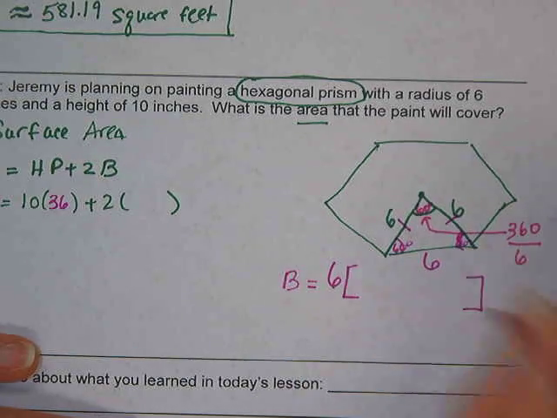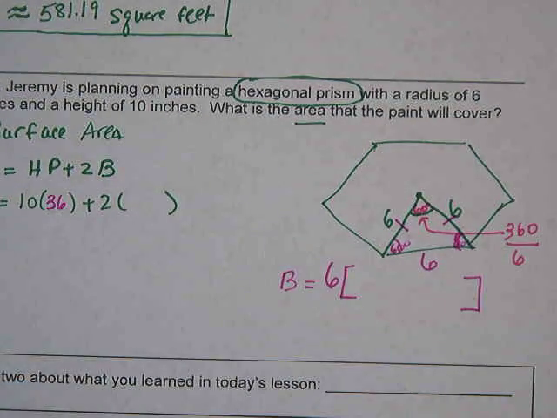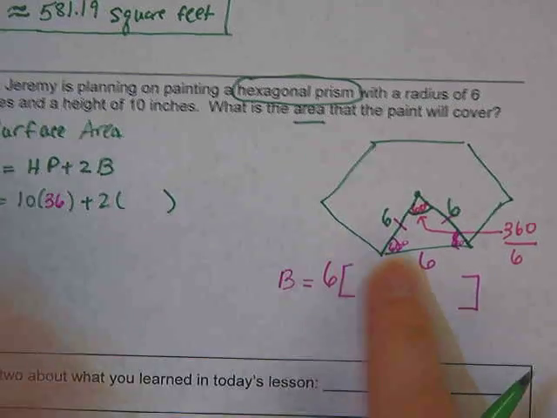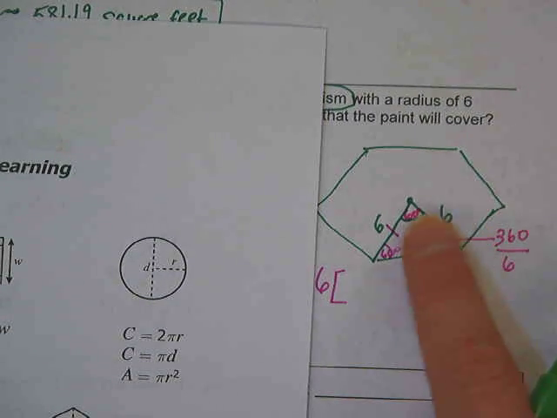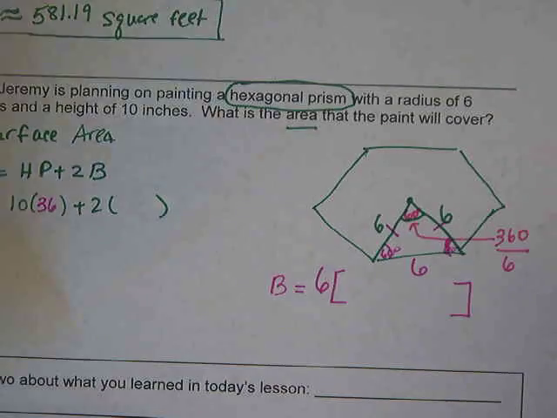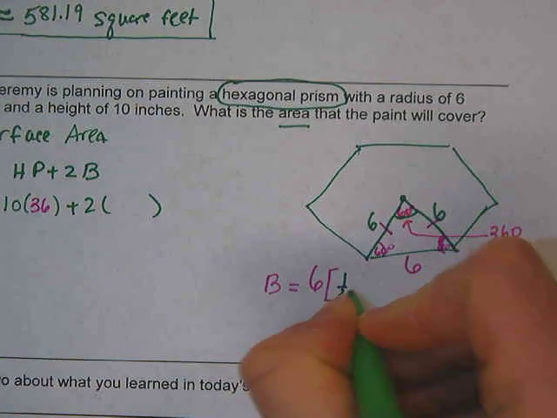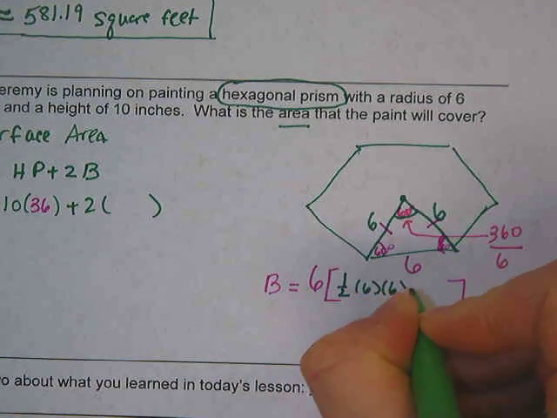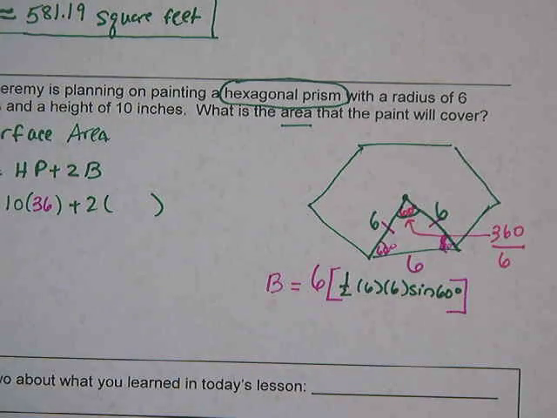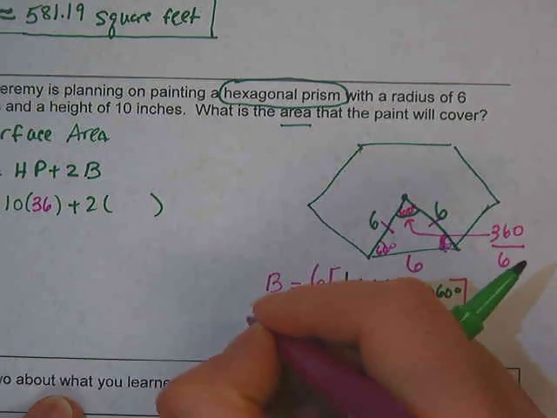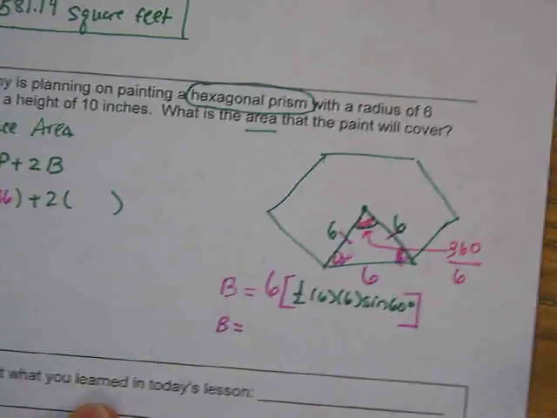Now to find the area of the base, what I'm going to do is find the area of this one triangle and then multiply by how many triangles I have. So I'm going to say 6 times the area of the triangle. So this is a time when I'm actually going to use this formula over here, 1/2 AB times sine C, because I have the A, I have the B, and I have the angle measure in the middle.